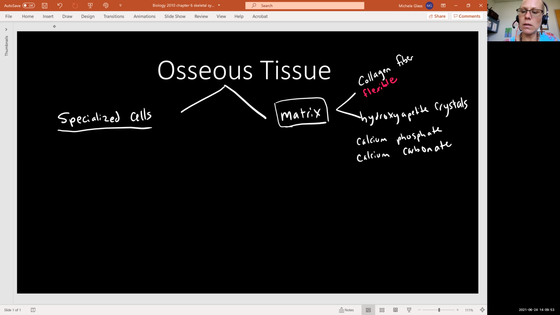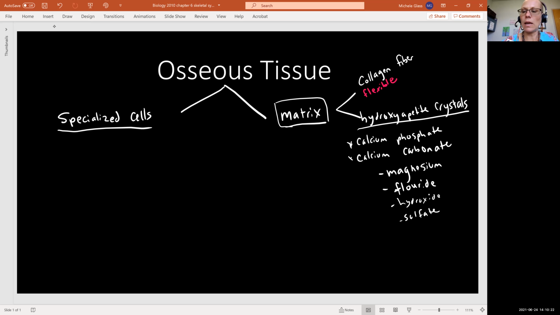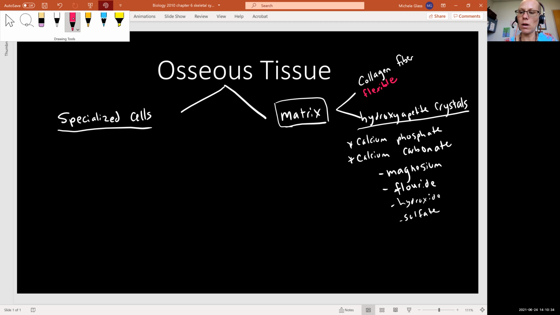But we're also going to get some magnesium, we can also have some fluoride, we can also have some hydroxide, and we can also have some sulfite mixed in. So when we talk about hydroxyapatite crystals, we're mostly talking about calcium phosphate and calcium carbonate with these other components as well.